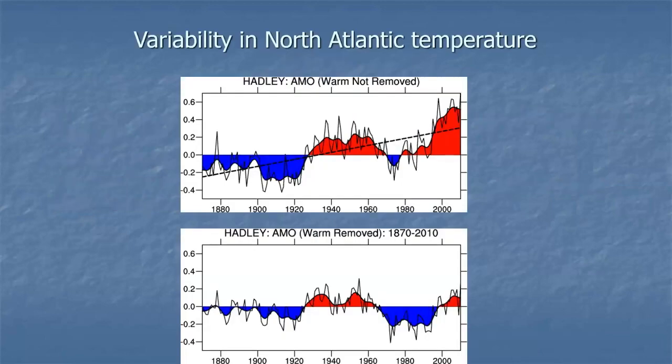So I'm going to start off by looking at the North Atlantic and showing you a decadally smoothed picture of the temperature of the North Atlantic. And the top plot here, if you look at that plot, you will see variability, right? You see first of all that there's a trend there.